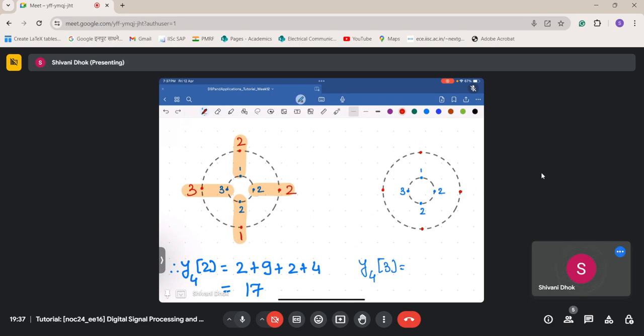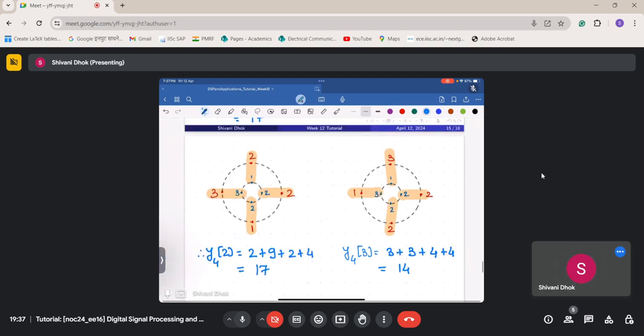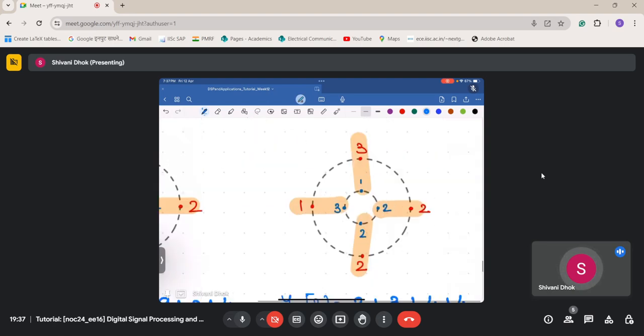I'll again multiply it element by element like this. So this will be equal to 1 into 3 plus 1 into 3 plus 2 into 2, 4, plus 2 into 2, 4, and this comes out to be equal to 14. So this is at small n equal to 3.